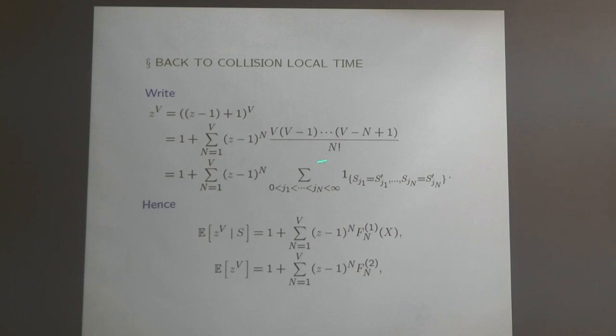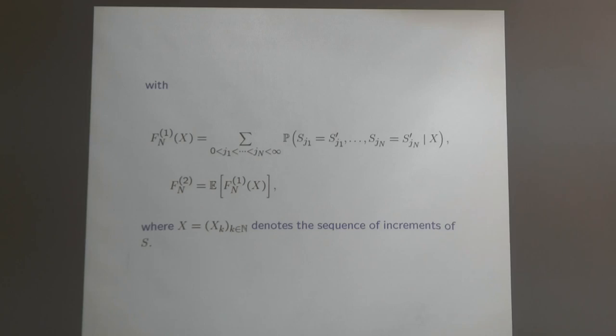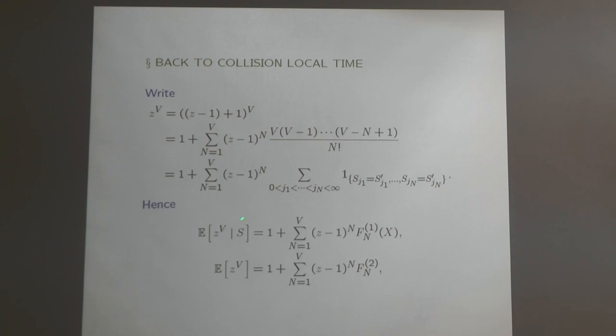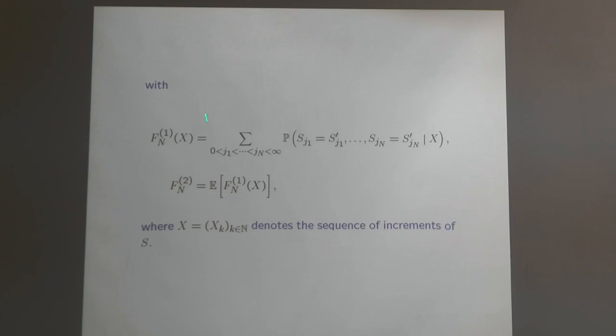So this F1 should be, as it is here, the sum over all the ordered J's of the probability of this event conditioned on knowing the entire path S, which is the same as knowing all the increments of the path S. And the other guy was just the expectation over S of this same thing. So if I take the expectation of this quantity, then I will get the F2.